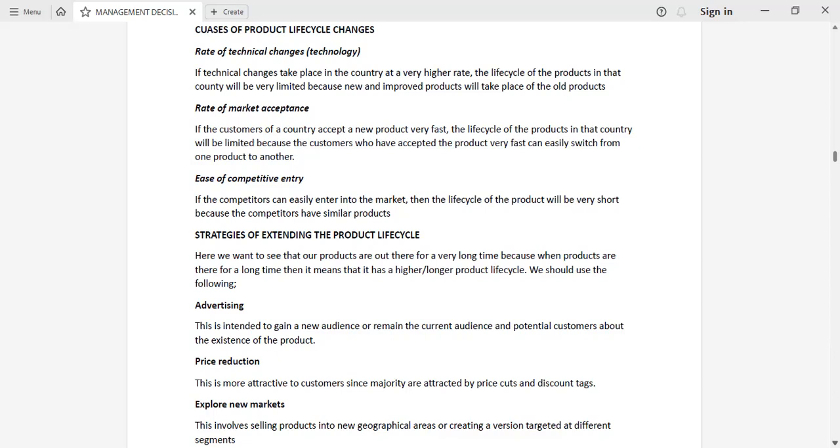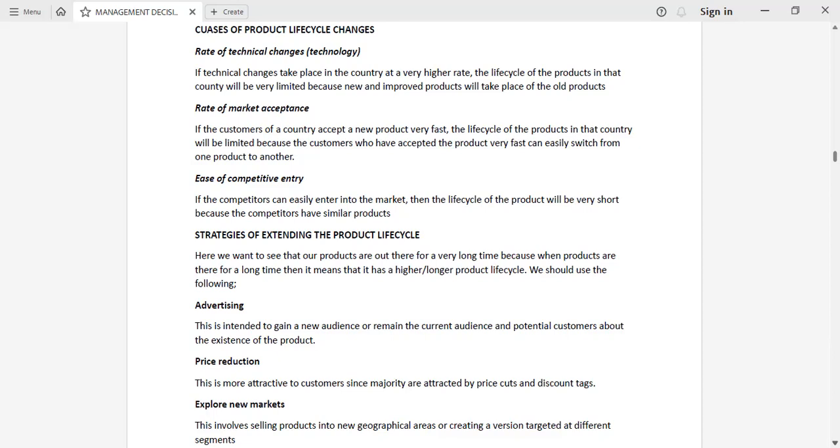But if we have markets where customers don't normally switch from one product to another, and these customers first study the new products and know what the product is and what it offers before they switch, then it will provide a longer product life cycle, because these customers will take a long time studying the product to see how different the product you launched today is from the one you launched yesterday.